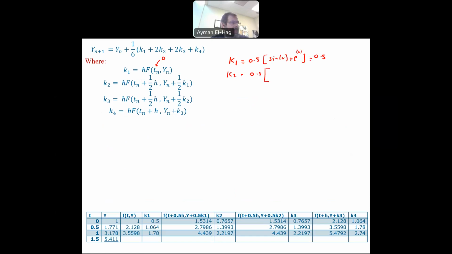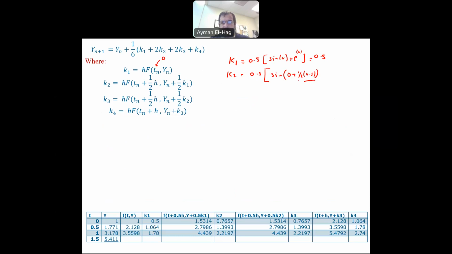Your K2 is equal to 0.5 times the function at the time that you will have here, which is tn plus 1/2 h. So this will be sine of 0 plus 1/2 times 0.5.